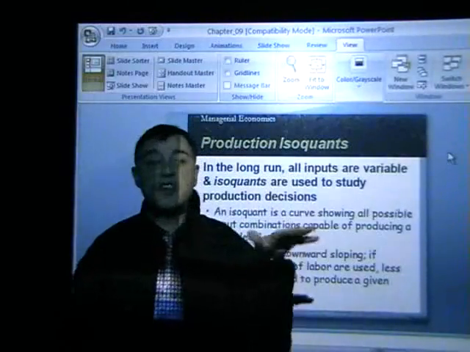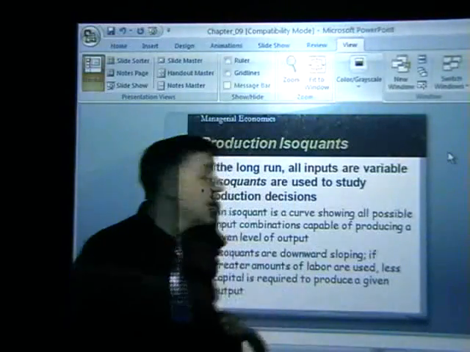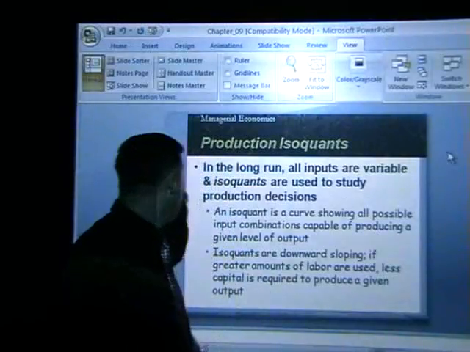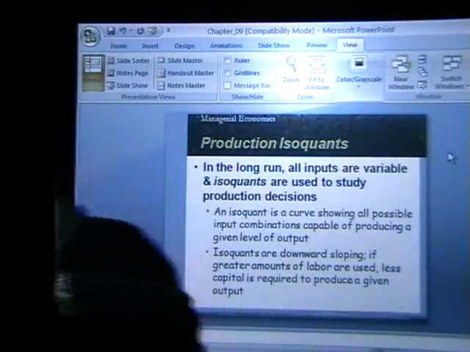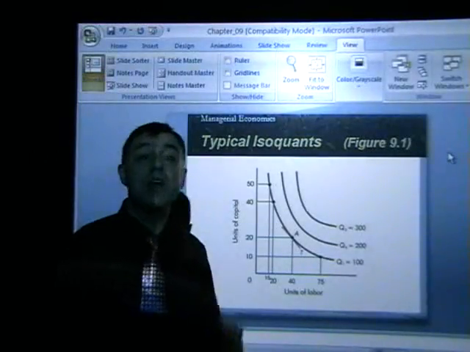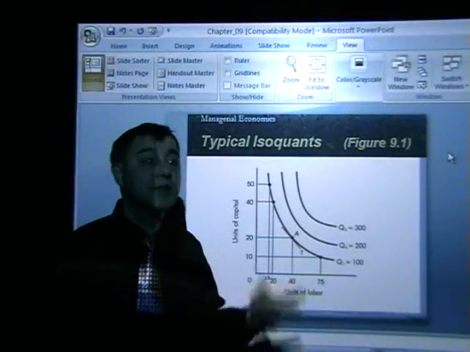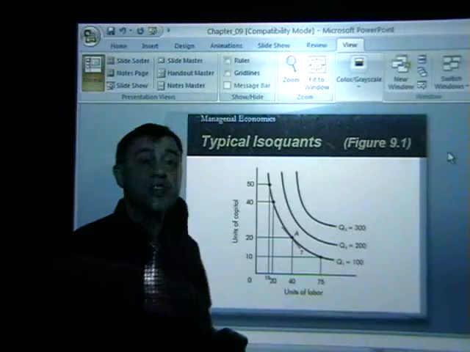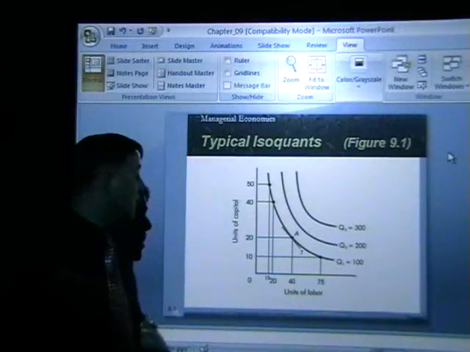You can't just cut one input and still maintain the same benefit. So this downward slope represents the most fundamental concept in economics, which is that of trade-offs.